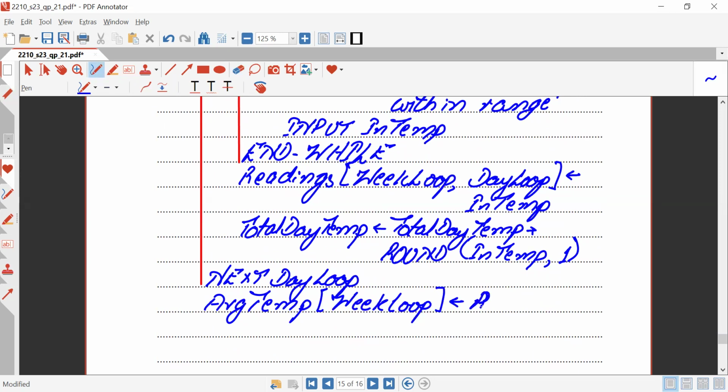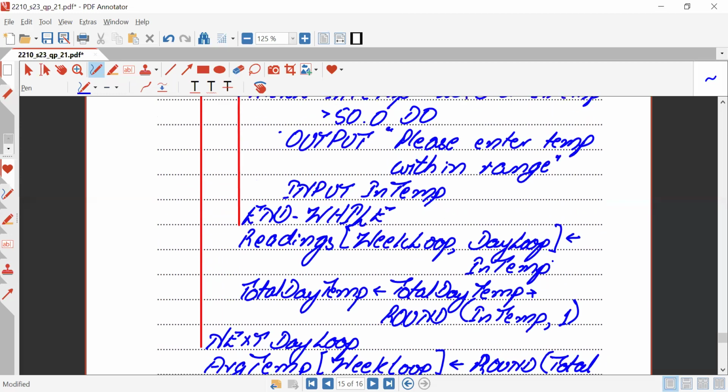And now it will be given with a value round. So what have we taken out? We have taken out the total day temp. So total day temp will be divided by 24 comma 1, because again we need it till one decimal place, and this will be going into the week loop.